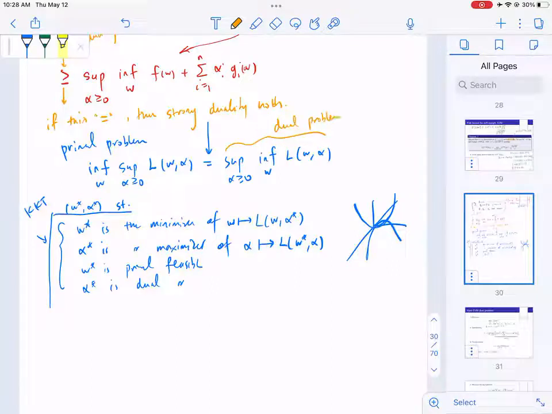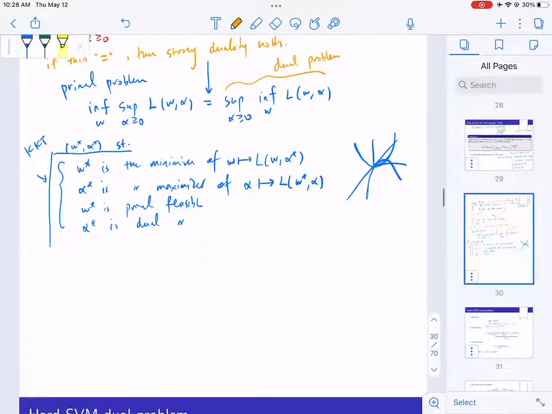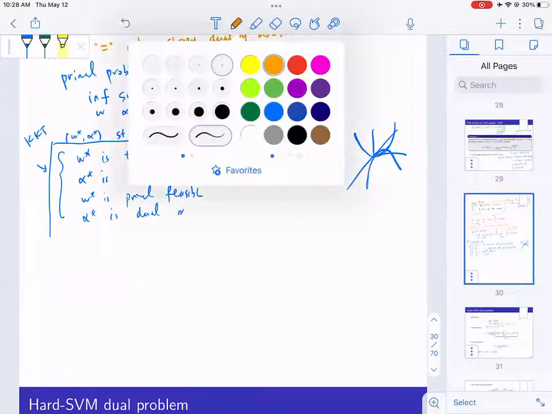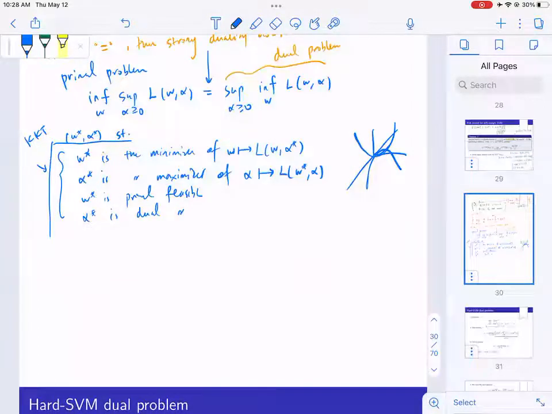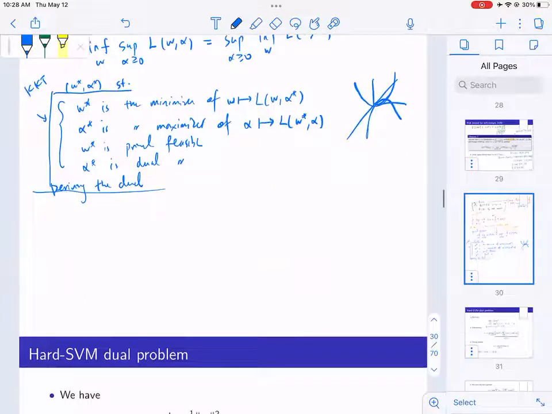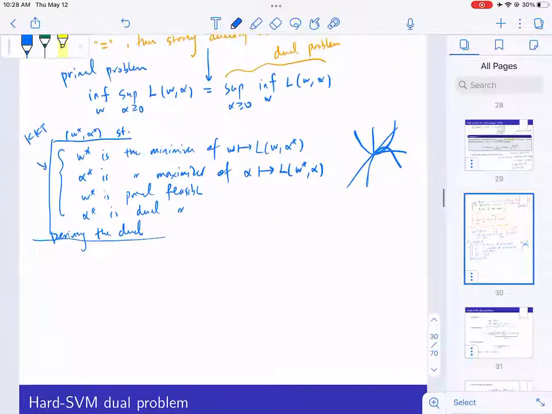So in our problem, it holds. What happens is that in our case, I have to first solve this, deriving the dual. How do I minimize over w? First, we have to find this dual function.